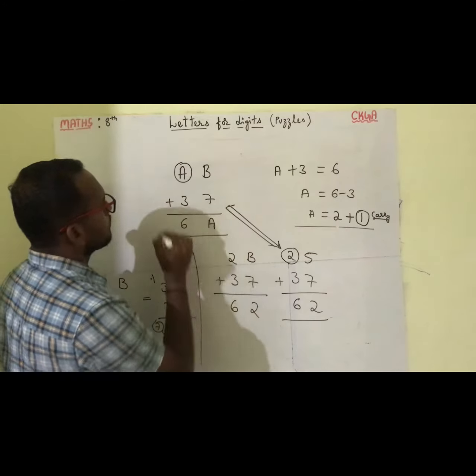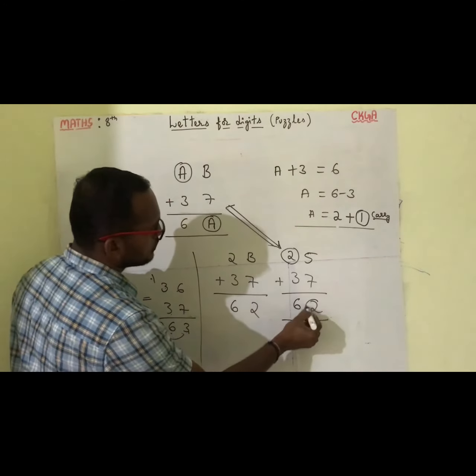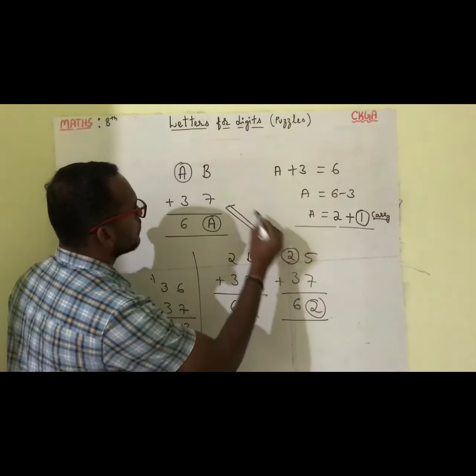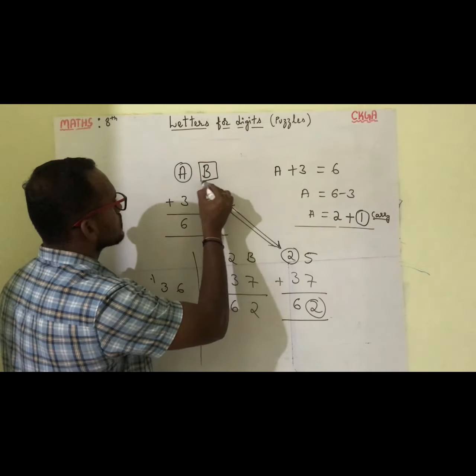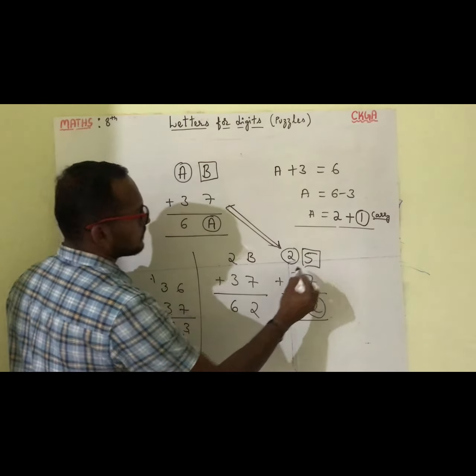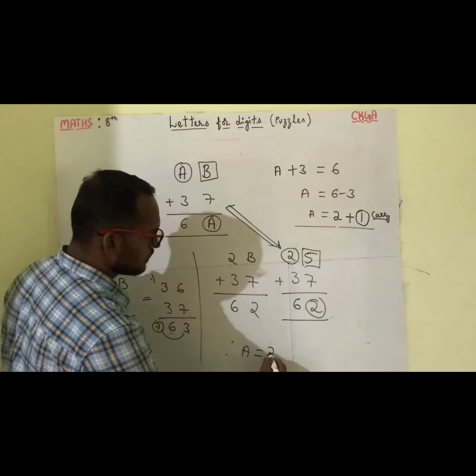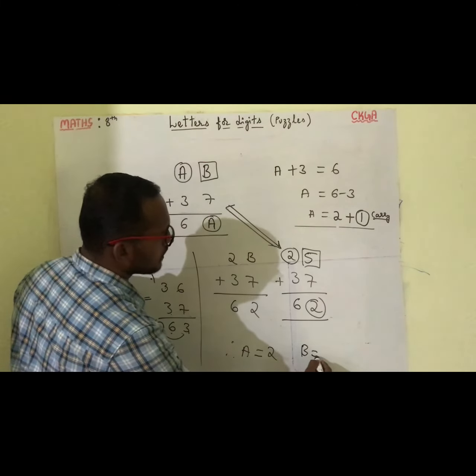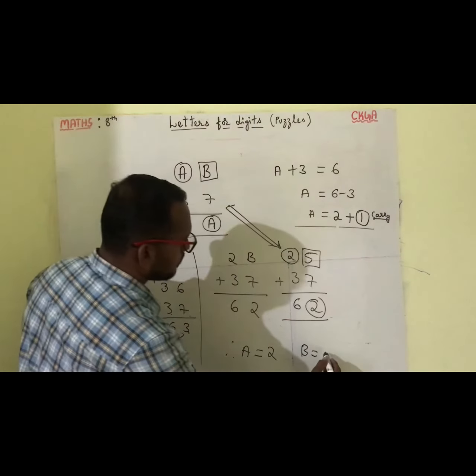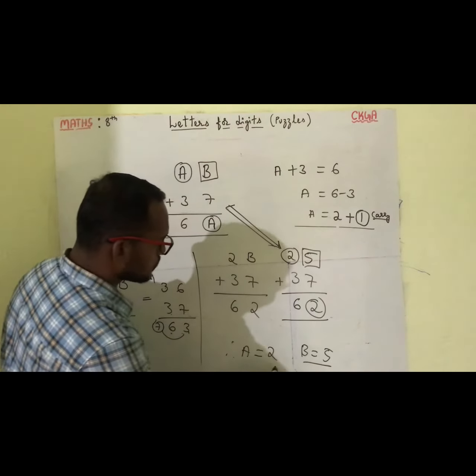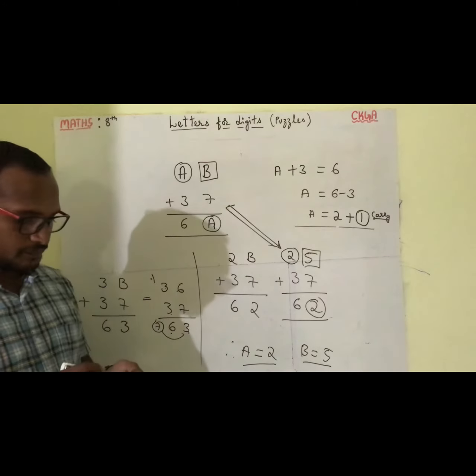In the place of A, again 2. Now it's time to find the value of B. So I'll use a box for this. Therefore, the value of A is equal to 2 and the value of B is equal to 5. A equals 2 and B equals 5.